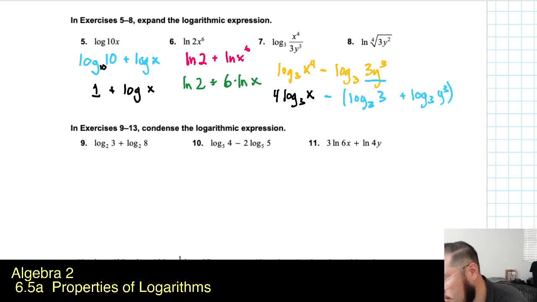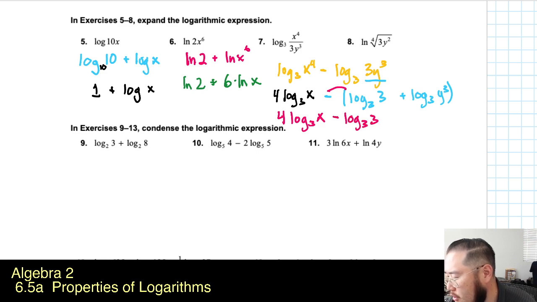Okay, we're almost done with this. So let's put a few things together. So I have 4 times log base 3 of x. Okay, and then let's go ahead, we're going to distribute that minus. So that'll get us minus log base 3 of 3. And then we also need to make sure that we take that minus sign to the next term.